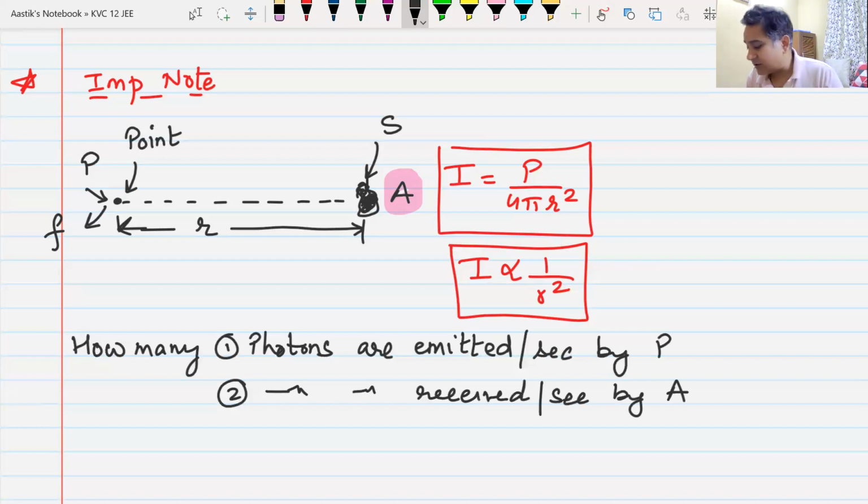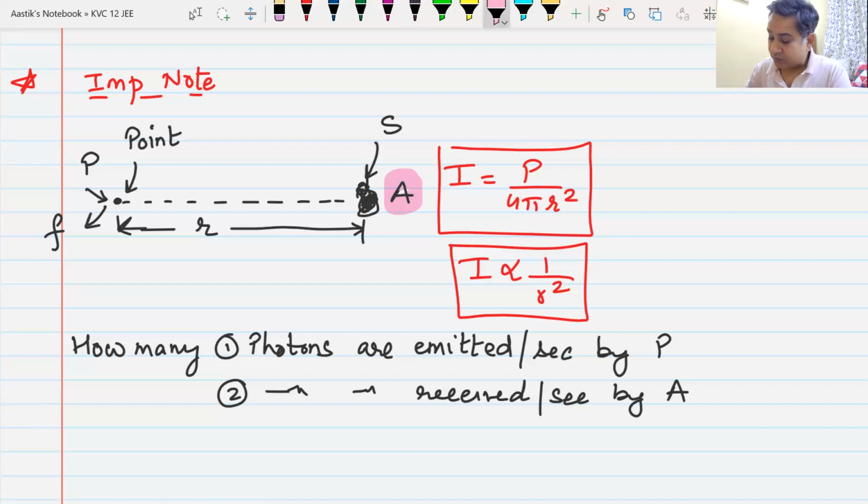I've seen this question come many times in many exams, and students get confused. What is happening here? Let us find out. If you can tell me the answer.